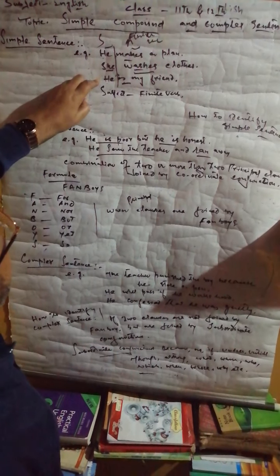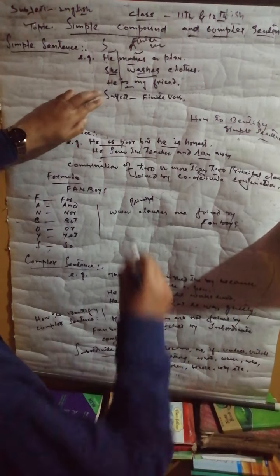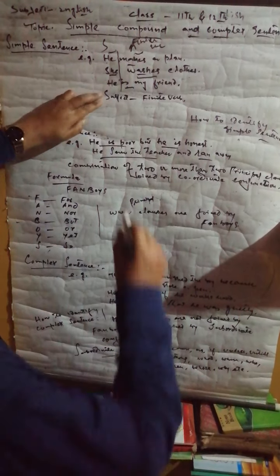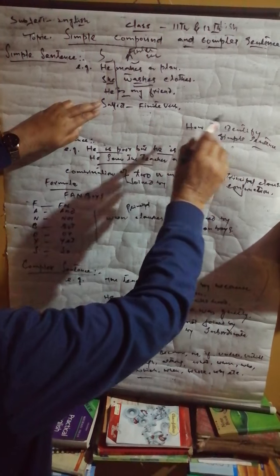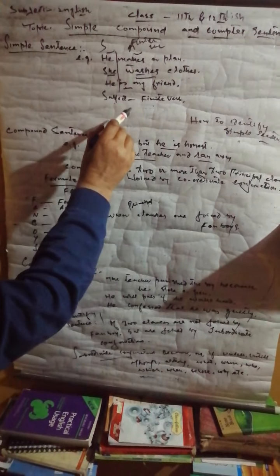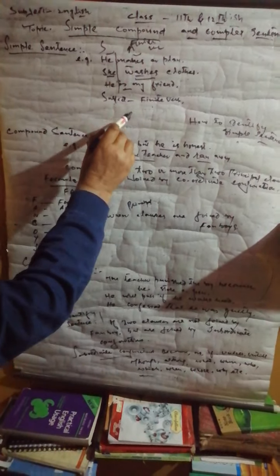These three examples show that they have one subject and one finite verb. So how can we identify a simple sentence? A simple sentence is a sentence which has one subject and one finite verb.